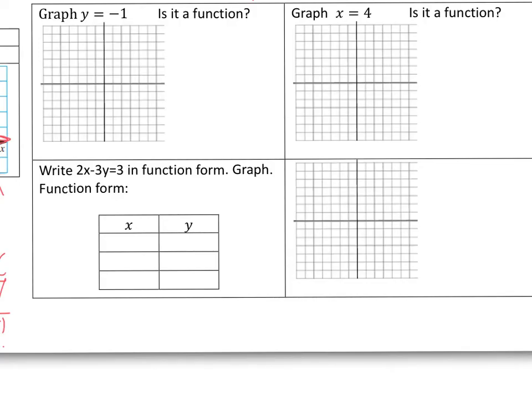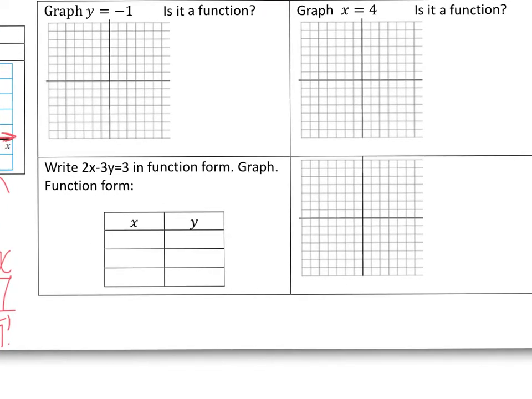Okay, graph y equals -1. Notice, this equation of the line, or linear function, does not have an x value. You might be wondering, then how do we graph it?